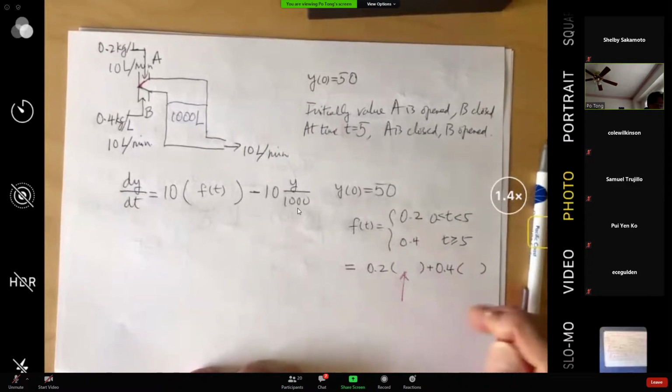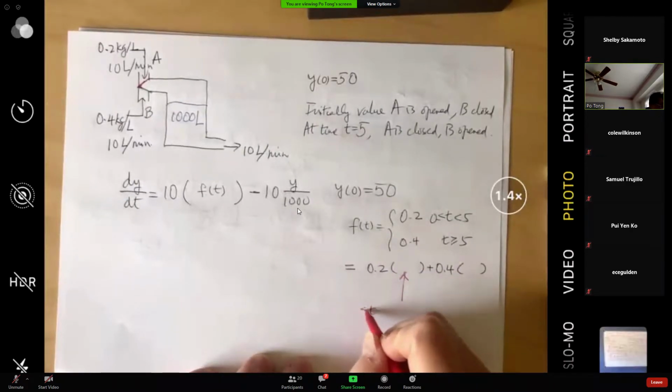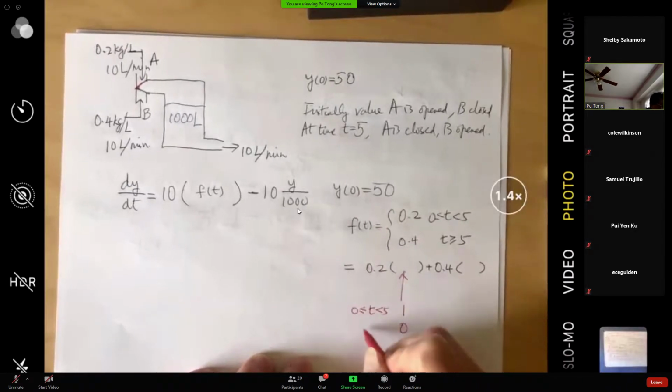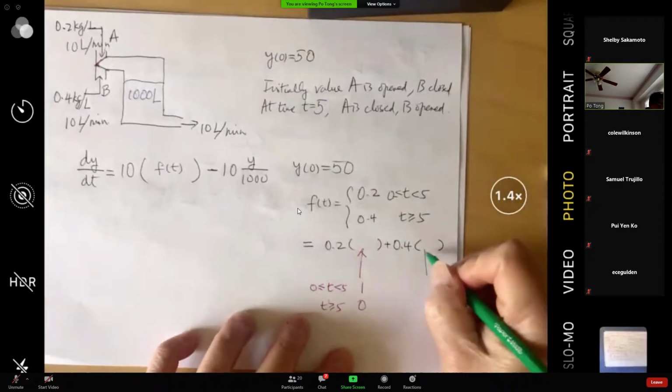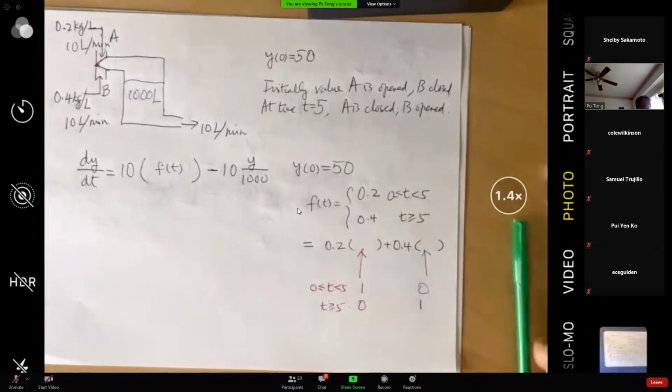This function here, I want it to have this property. Over here, this function, I want it to have this property. Do you guys agree?